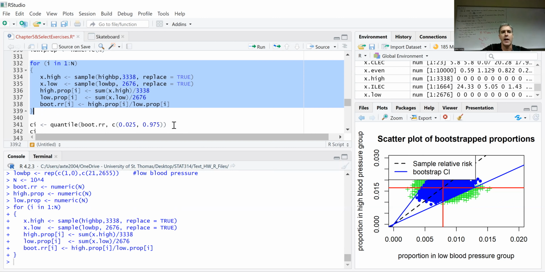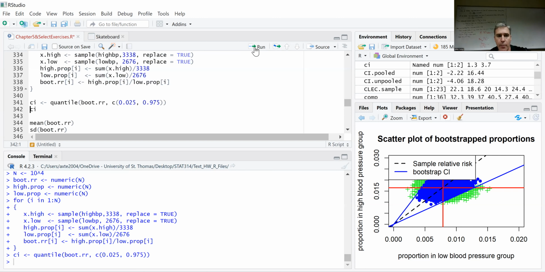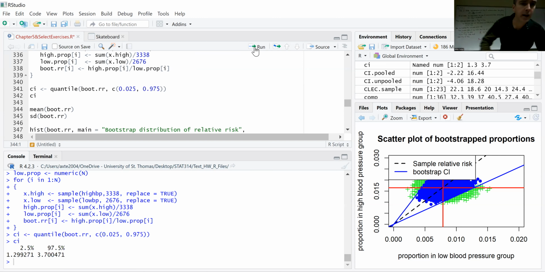So first off, I'm going to calculate the 95 percentile of that boot.rr vector. That's the 95% bootstrap confidence interval for that ratio. All right, and I get 1.2, let's just say 1.3, to 3.7.